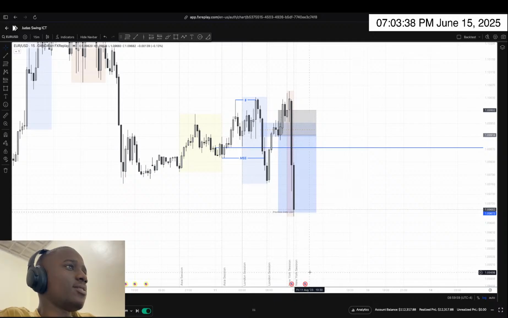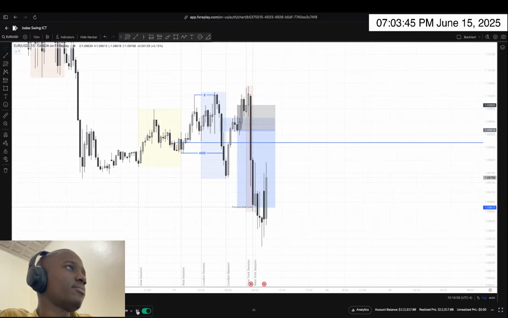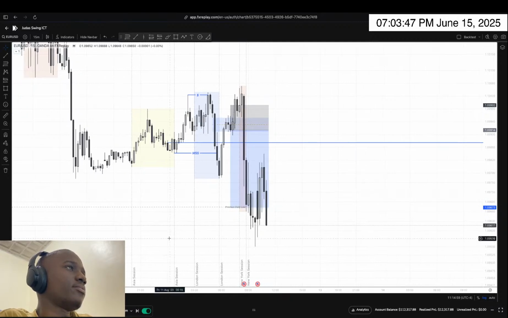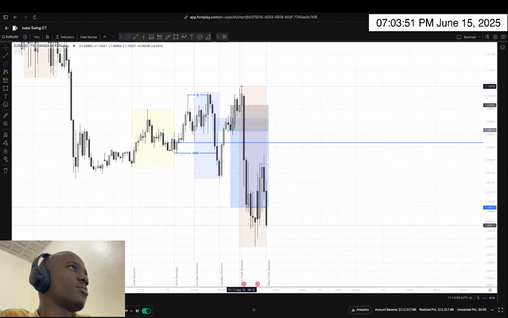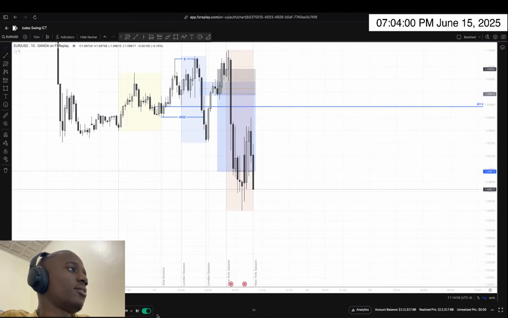And when is this? At 10. So let's see what basically the rest of the day does. So we trace back into the midpoint of this drop. Yeah, back into discount. Then start dropping.